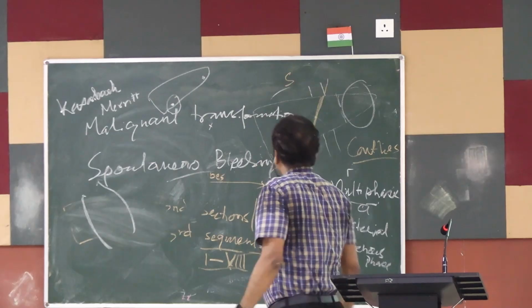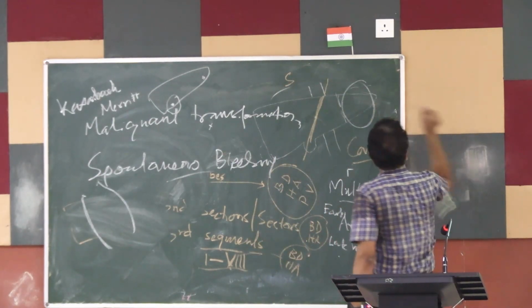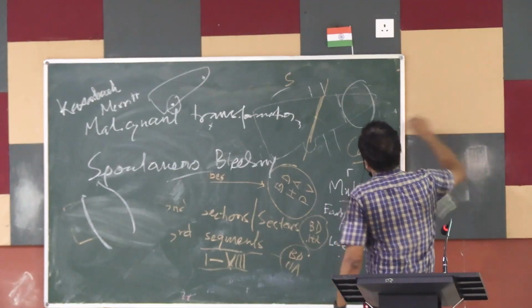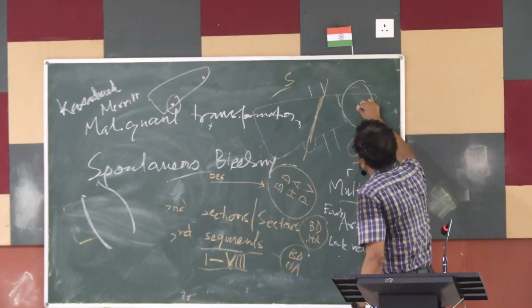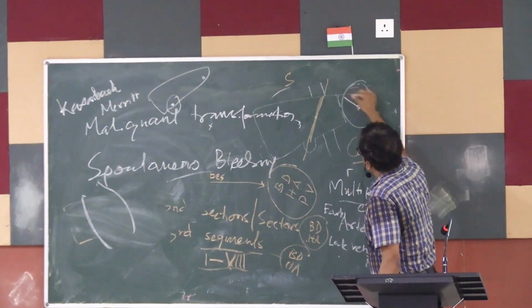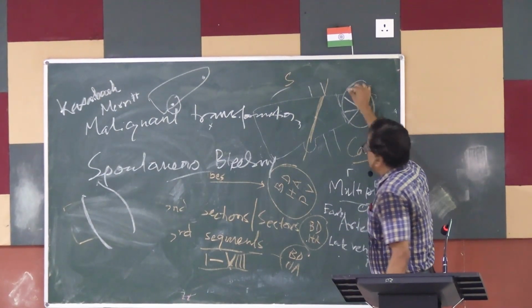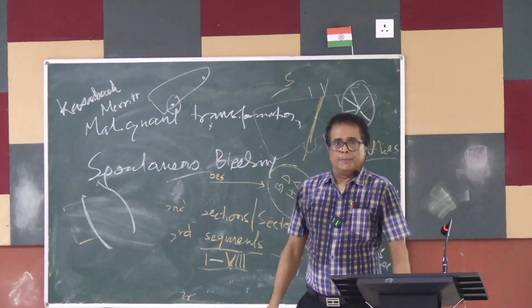So in multiphasic CT, when you do the CT to diagnose focal nodular hyperplasia, there is a core and there is a periphery, and there are multiple septa that go like the spokes of a wheel up to the periphery.